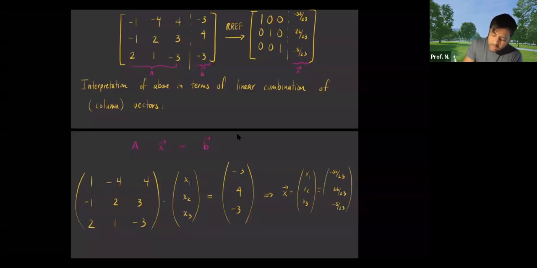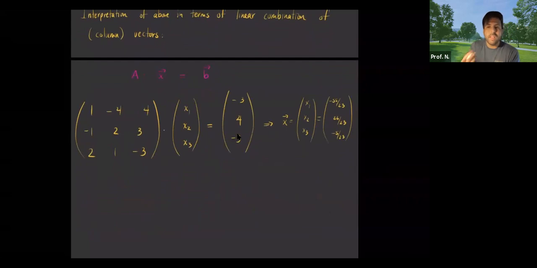We know this. But what I'm asking is, what does this represent in terms of linear combinations? What I just found, these are the scalars associated with each of these columns, so that when I add these up, it gives me this.